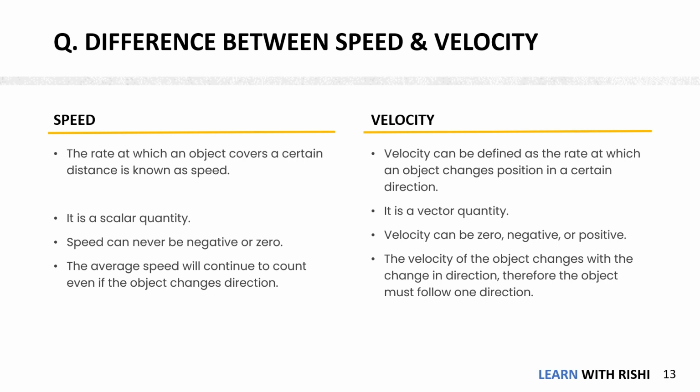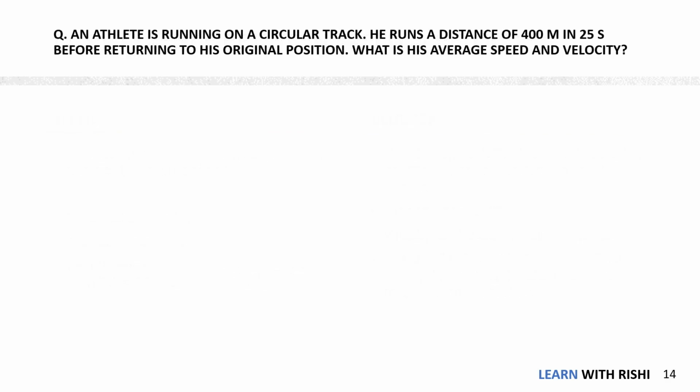Let us move to the next part, that is solving numericals. We'll solve numericals related to the topics which you have learned today, that is distance, displacement, speed and velocity. Already we have solved numericals based on distance and displacement. Here we have some numericals based on average speed and velocity. Let us read the question.